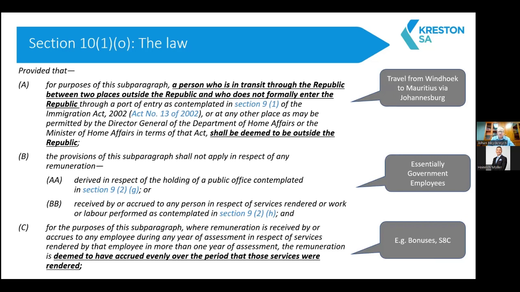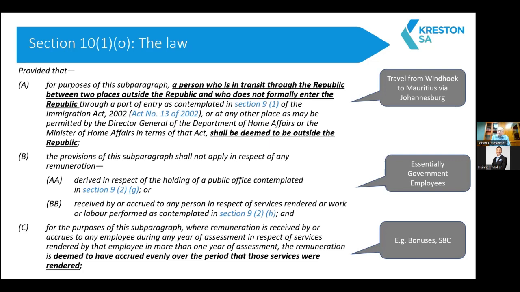Section 10(1)(o)(ii) also doesn't apply essentially for government employees. And then this is quite important: (c) for the purpose of this subparagraph, where remuneration is received by or accrues to any employee during any year of assessment in respect of services rendered by that employee in more than 1 year of assessment, the remuneration is deemed to have accrued evenly over the period that those services were rendered. That would apply, for example, to a bonus.